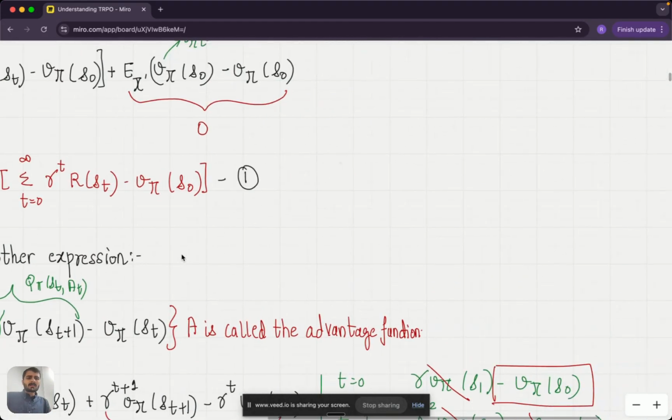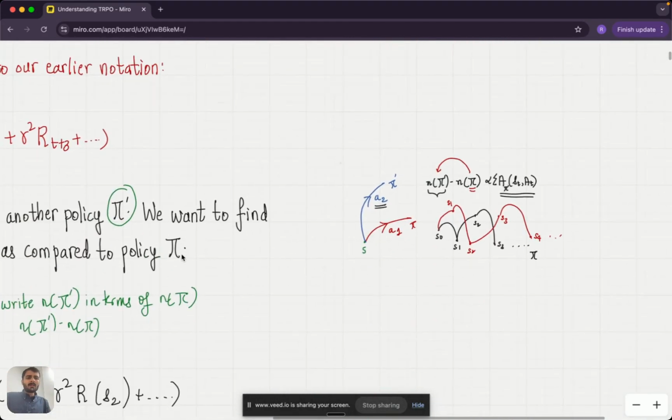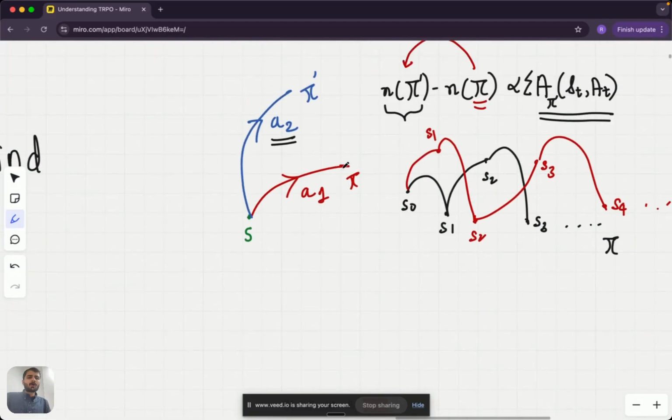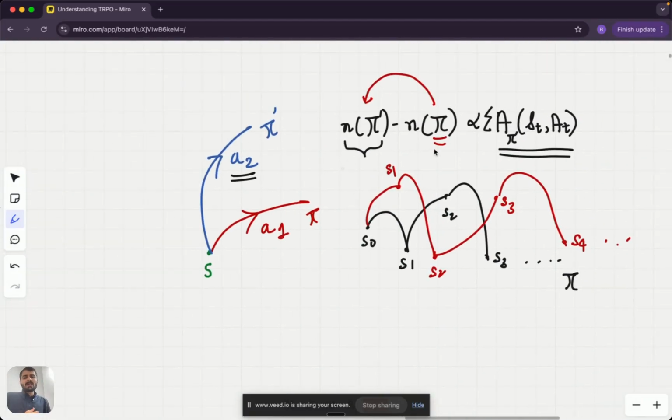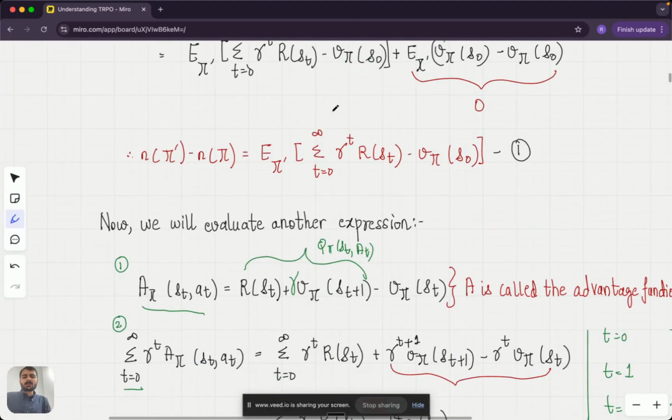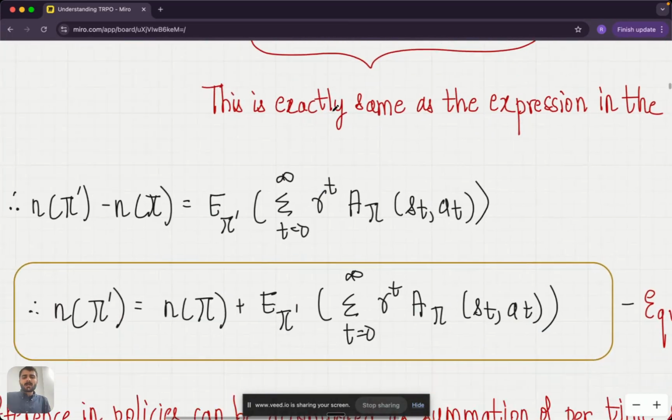And this is quite similar to our intuition over here. If you look at this figure where we had drawn our intuition, we had said that the performance measure of the new policy is going to be different from the old policy, and this difference is going to be proportional to the summation of all the advantages which the agent is going to get in the future. And this is exactly what we get over here.